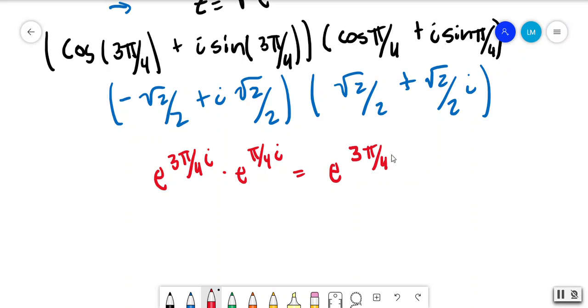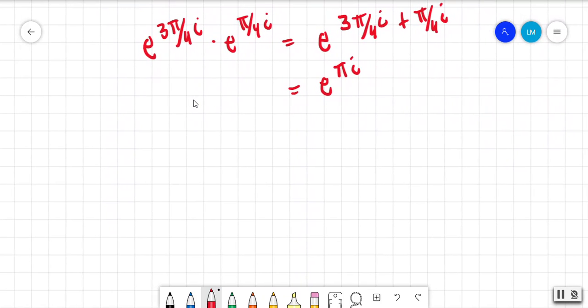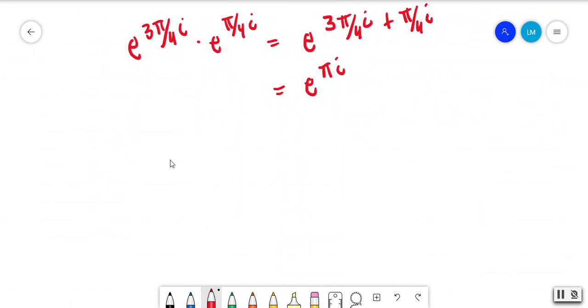So you have e to the 3 pi over 4 i plus pi over 4 i, and 3/4 plus a fourth is 1. So that gives you e to the pi i. The polar form of this is cosine of pi plus i sine pi.